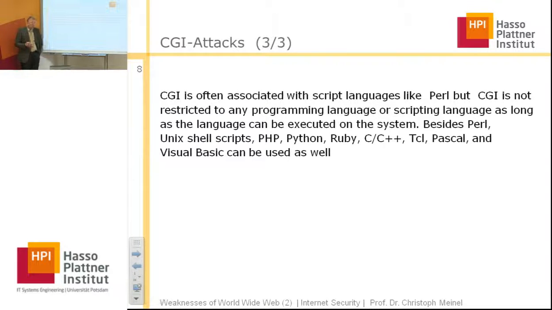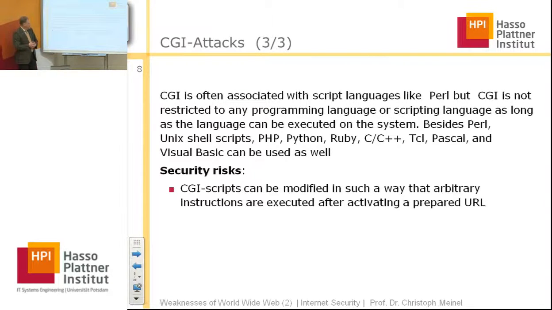So besides Perl, also Unix shell script, PHP, Python, Ruby, C, C++, TCL, Pascal, Visual Basic, all this can be used for CGI. What is the security risk? The CGI scripts can be modified in such a way that arbitrary instructions, also dangerous instructions, can be executed after activating the prepared URL.